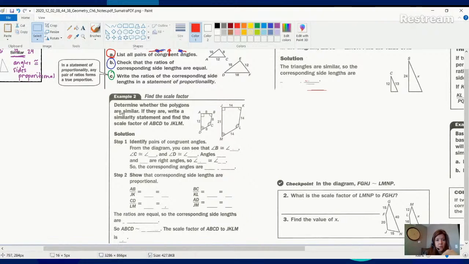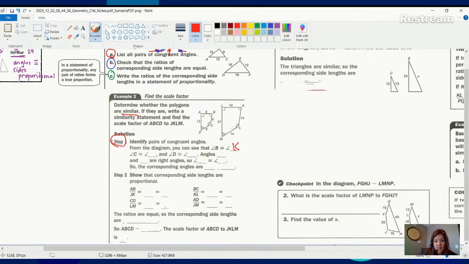So remember 2 things if they're similar, right? Number 1 is the angles. That's what step 1 is here. Identify all the angles and see if they're congruent to each other. So let's check it out. These 2 diagrams, they're all marked up with angles. So it's looking pretty good, right? Angle B is congruent to angle K. Can you see that? They both have 1 line.